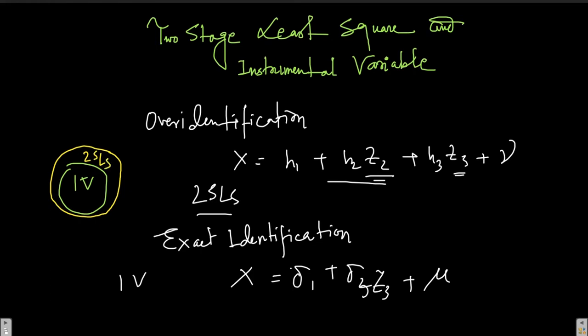Now let us write it mathematically, how it will look. Let's say we do the first stage least squares. Let us think about our example of wage rate. So wage rate W is equal to alpha 1 plus alpha 2 P, plus alpha 3 unemployment, and then some error term.